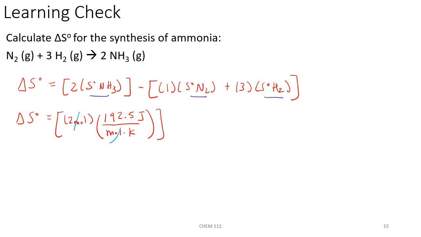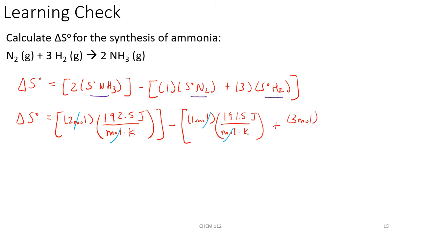That takes care of our products, minus we have 1 mole for our nitrogen times our value for N2 off of our chart, which is 191.5 joules per mole times Kelvin. Our moles will cancel again. And we want to add together our other reactant, which is our hydrogen.